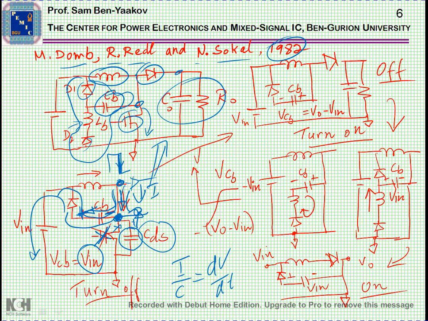And then we end up with this situation. I'm not showing the transistor here because it's off. Showing here the charge of this capacitor. At the end, the capacitor is fully charged to the voltage between this point, which is Vout, and here is Vin, so the capacitor will be charged in this direction.